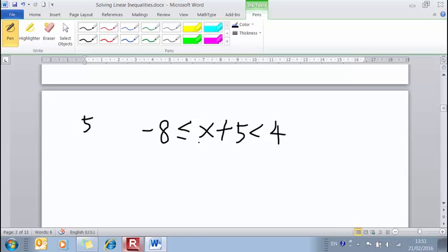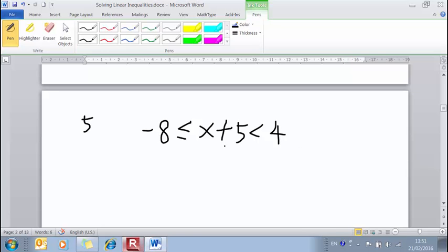In the earlier examples, the inequalities involve one inequality sign. However, in this inequality, it involves two inequality signs. One is less than or equal, another one is less than. Now, how do we solve this kind of inequality?